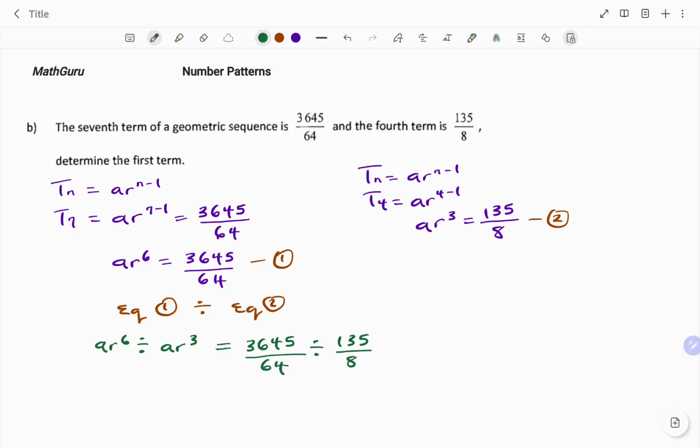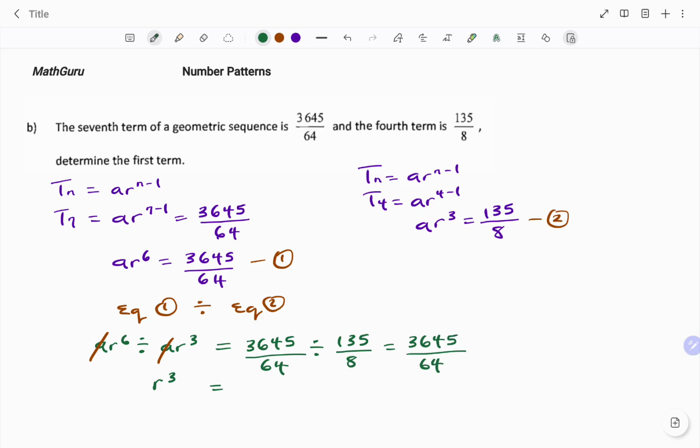I have a divided by a, that goes off. Then I have r^6 divided by r^3, using laws of exponents, that will be r to the power of 6 minus 3, which is r cubed, equals, then to simplify what I have on the right, that's 3,645 over 64.